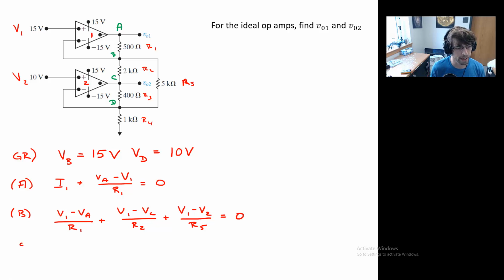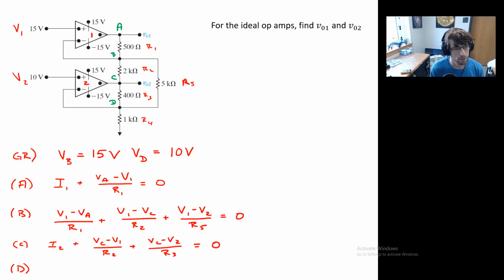Well, C as in cat. I'll call it I2 going into the second op amp. And then added to that, we have VC minus V1 over R2 plus VC minus V2 over R3. That whole rigmarole equals 0. And last but not least, we have our node D as in dog.